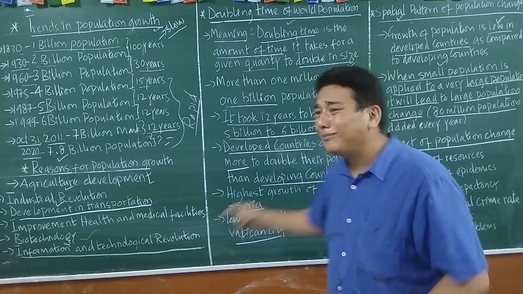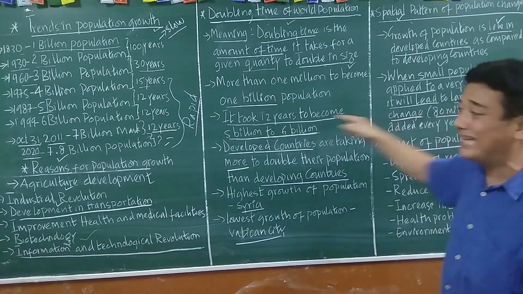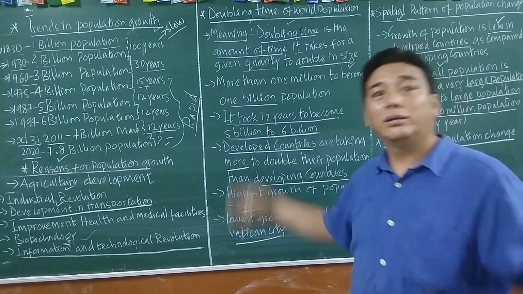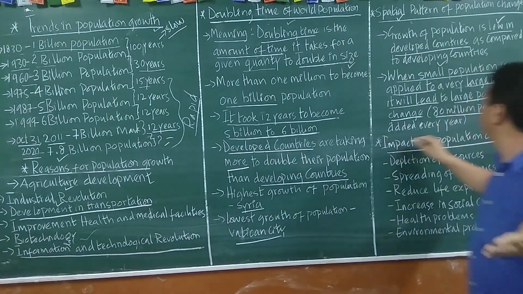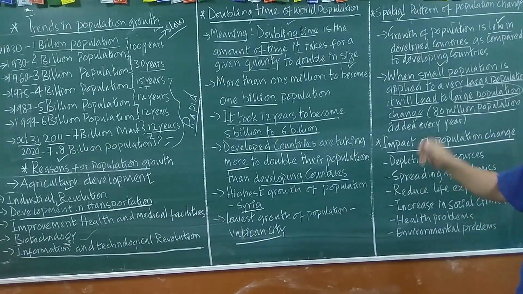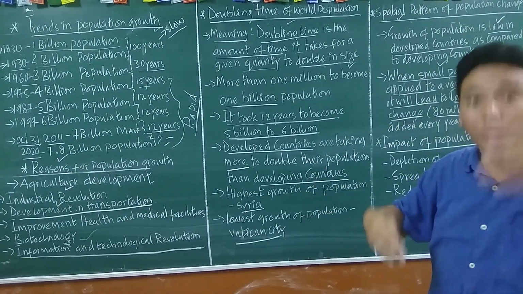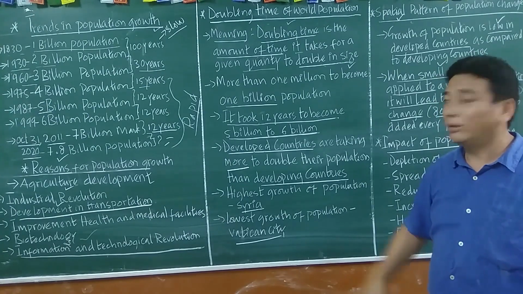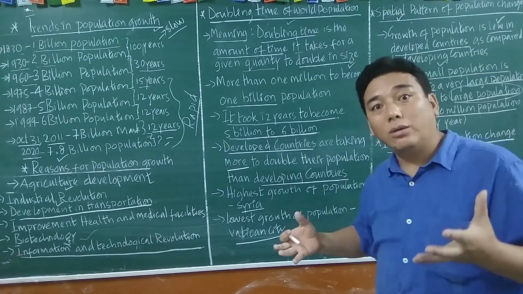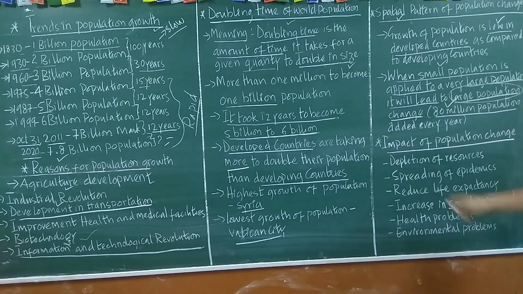But if 80 million is added to 7.8 billion, the answer will be large.